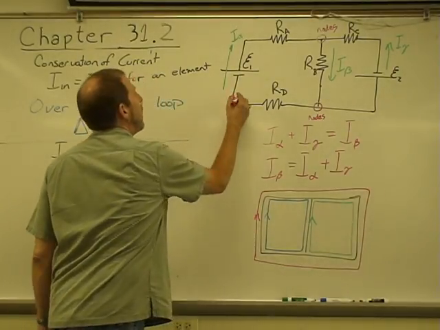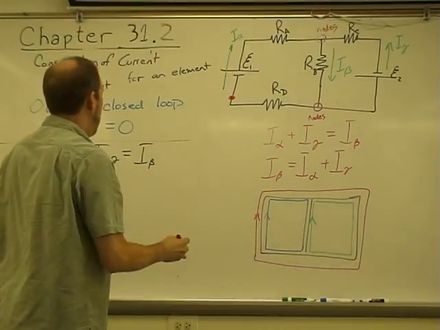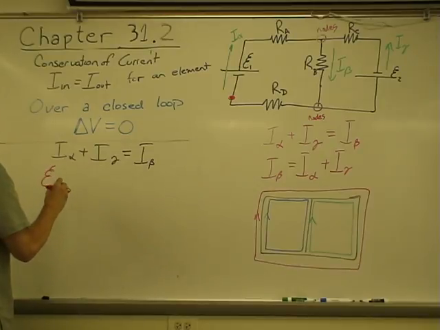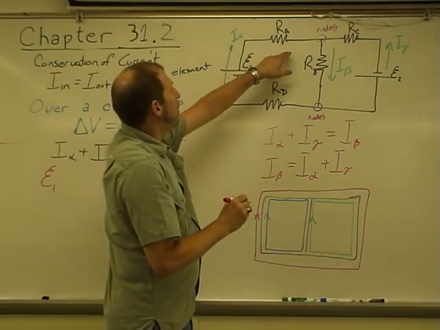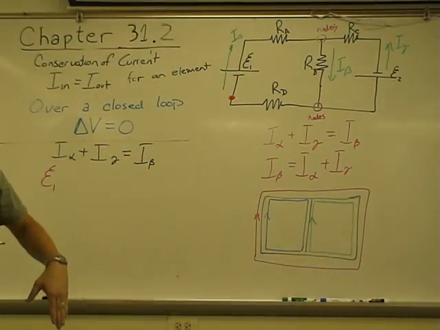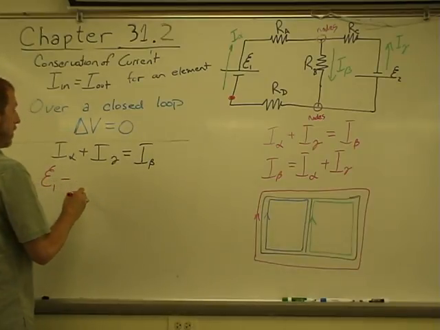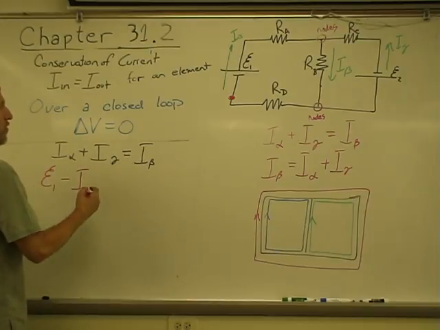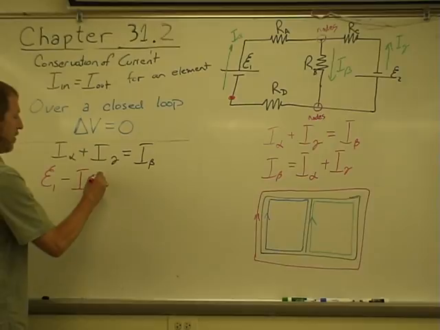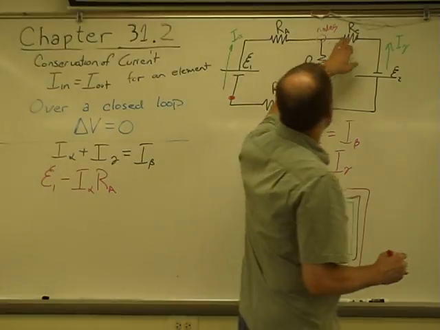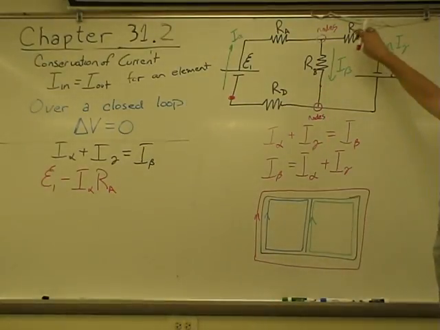Clockwise on the red loop, I need to pick a place to start. Let's start here. Okay, I go from the negative to the positive on battery number 1. So the voltage increases by E1. I'm going with the current over the resistor, so the potential should drop. Well, from Ohm's law, delta V, the change in potential, should be equal to the current times the resistance. Here I've defined current gamma as going into this node, so I'm going against the current.